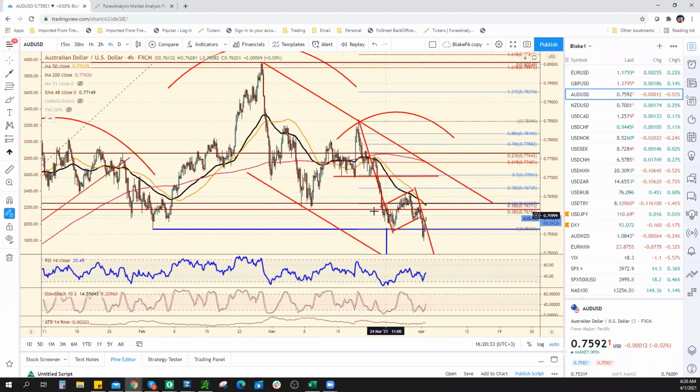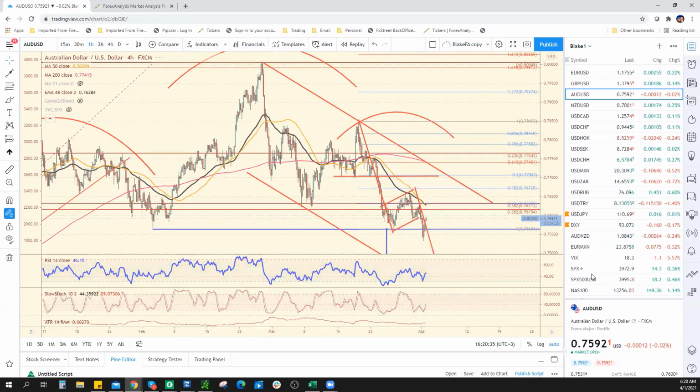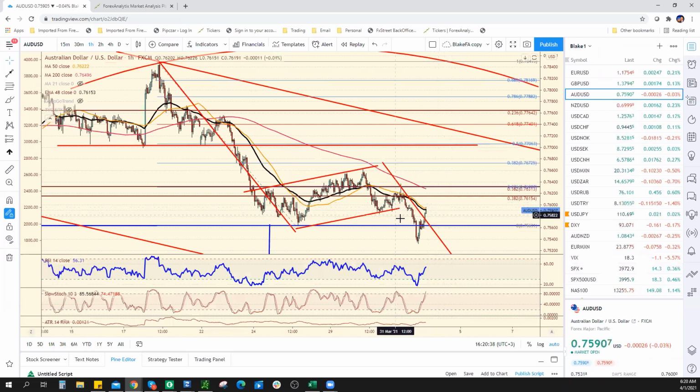We've got a lot of work to do here. So as far as the Aussie goes, we could see some resistance, maybe there. I'll write down 76.15.